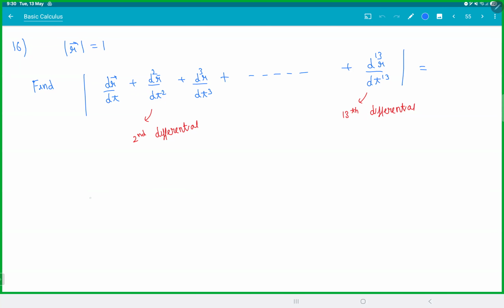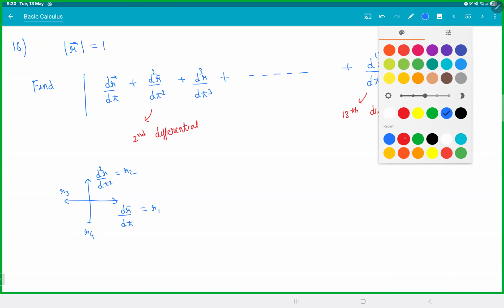For simplicity, I will take dr by dt as r1, d square r by dt square as r2, this is r3, this is r4. What will happen to all these vectors? They'll cancel out, right? If you take a set of 4 vectors, they'll always cancel out. Is that making sense, everyone? Yes, sir. So these 4 vectors will cancel out.